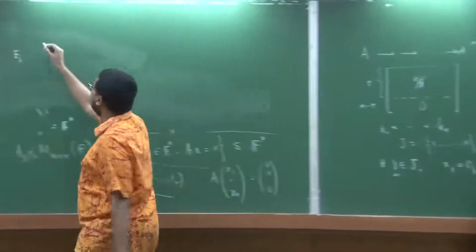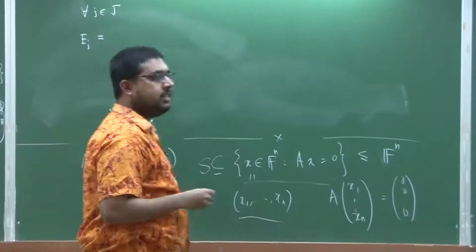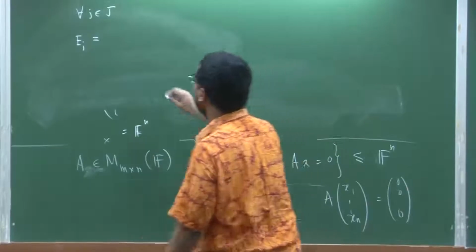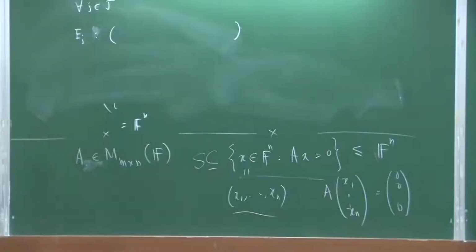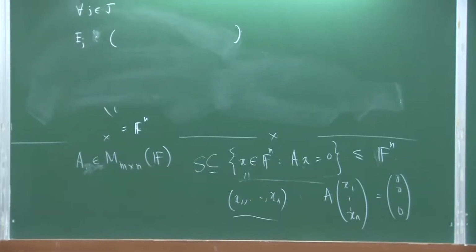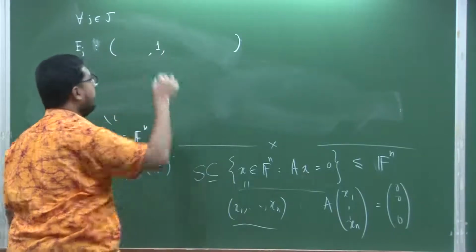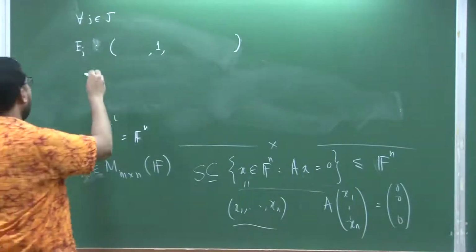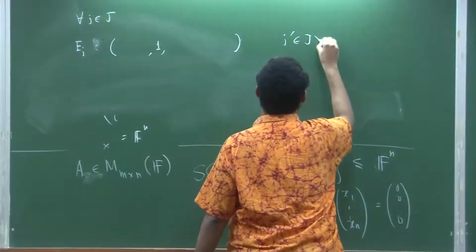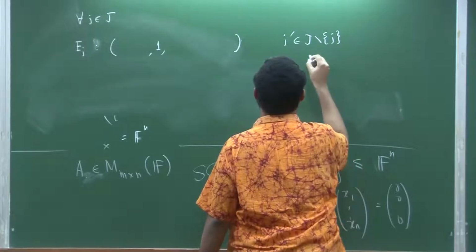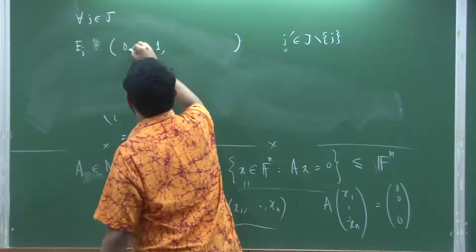Corresponding to each j in J, we let Ej be the solution where the jth coordinate of Ej is 1, and all the other coordinates j prime belonging to J are 0.